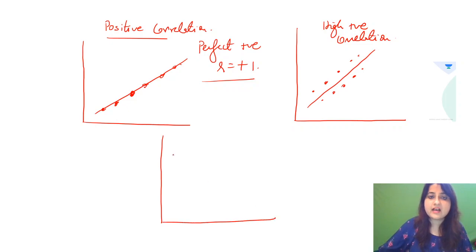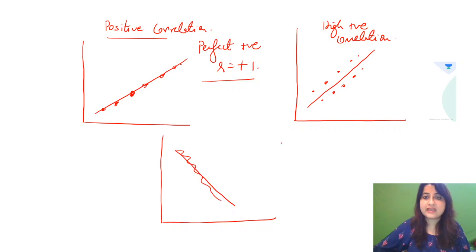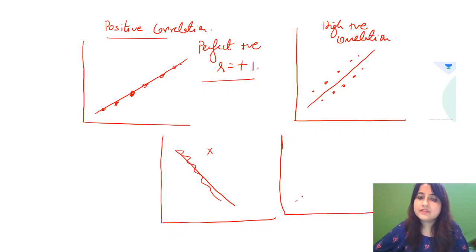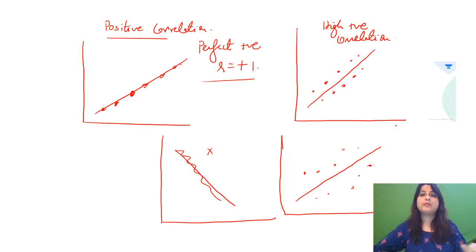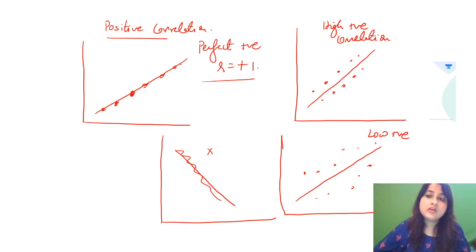Forget about this one, we'll draw it again. Yes, this is the line rising upward, but the dots are scattered and far away from this line. Since the slope is upward, this represents positive, but this is a low positive correlation.